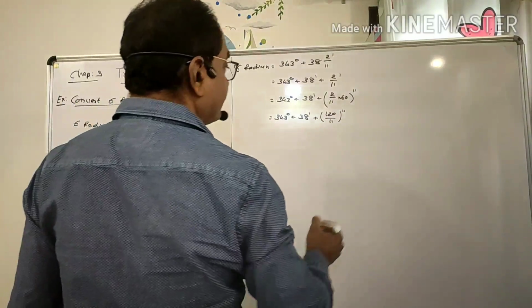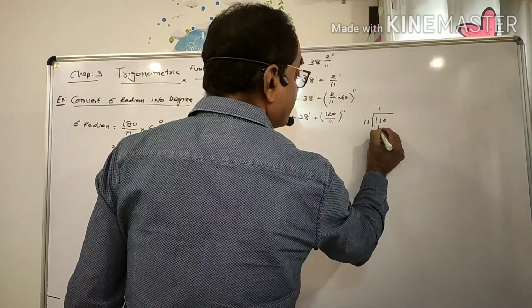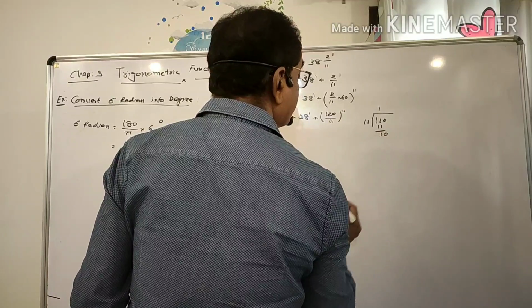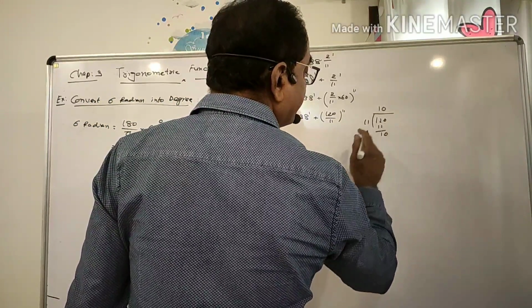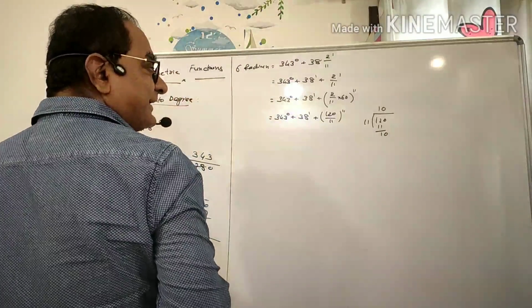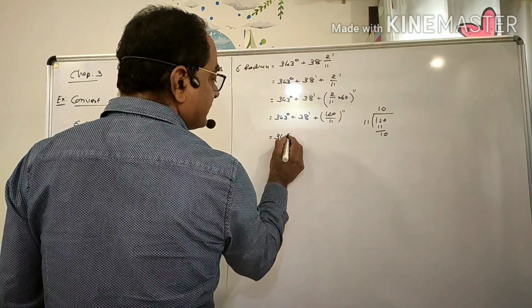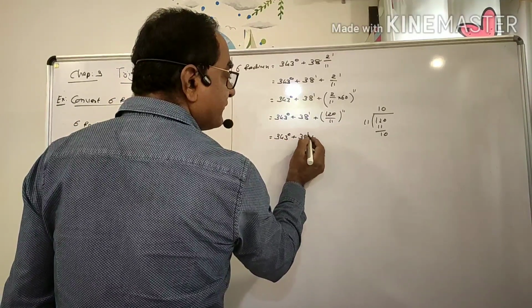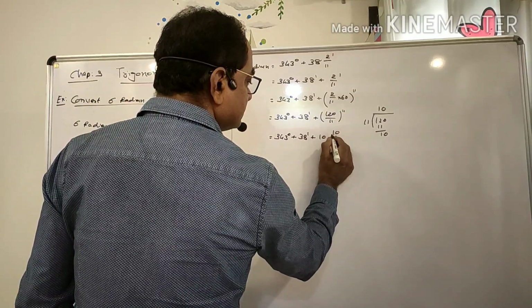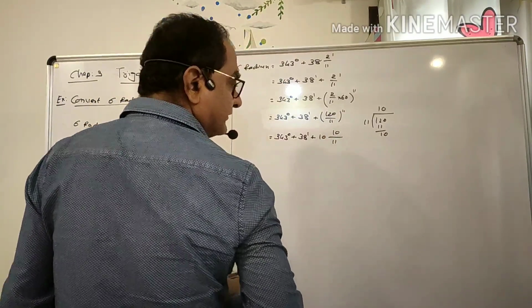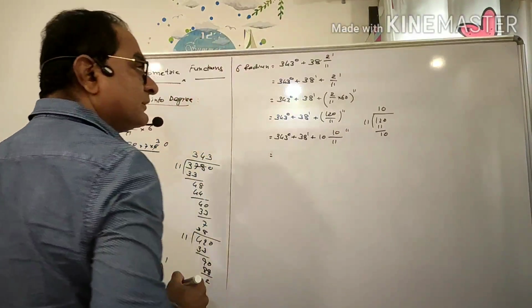Still further, we have a division of these two numbers, 120 by 11: 11 ones are 11, remainder 1, 0, 0. There is no further division. So we can write 343 degrees plus 38 minutes plus 10 and 10 by 11 seconds.